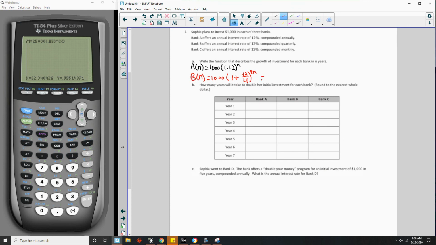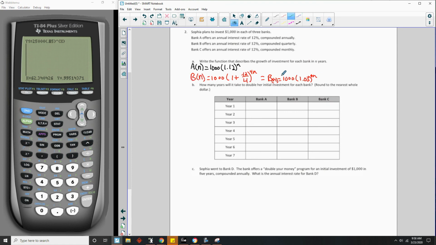And that's going to be the same as B of n equals, since 0.12 divided by 4 is 0.03, 1,000 times 1 plus 0.03, or 1.03, to the power of 4n.